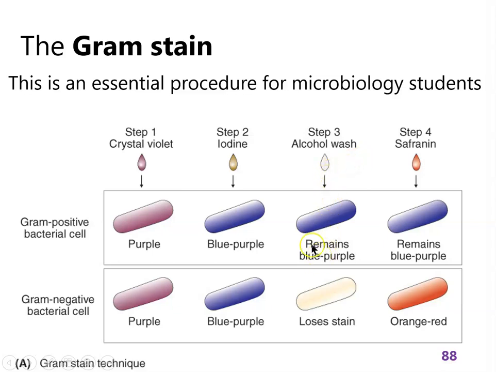And the idea is a gram-positive cell will hold on to the stain, and alcohol won't remove it, and a gram-negative will lose the stain. Alcohol will remove it. And then we stain with a pale dye that is orange or pink. And you can't see that orange or pink in the gram-positive because the purple dye is darker, but you can see it in the gram-negative.